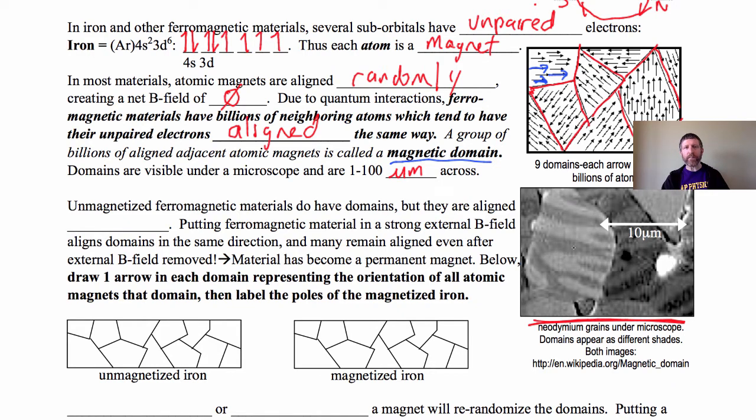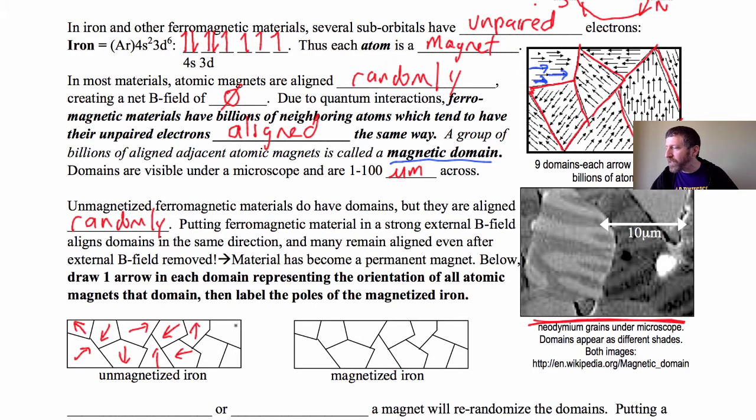Unmagnetized ferromagnetic materials do have domains, but the domains are aligned randomly. In other words, let's draw a picture of this. For example, here's unmagnetized iron. You might have a domain pointing that way, one this way, one this way, and they're totally random.